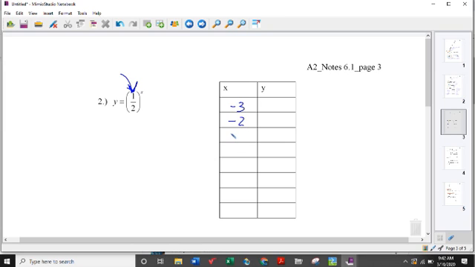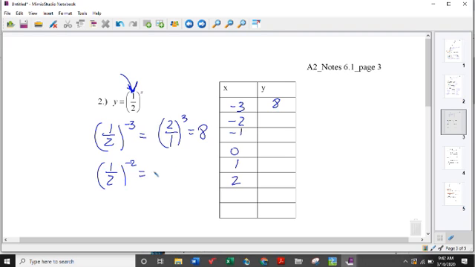Here are some values to plug in and evaluate. 1/2 to the -3. The -3 means to put the base in the opposite place with a positive exponent.